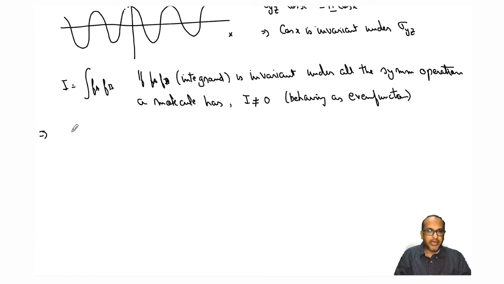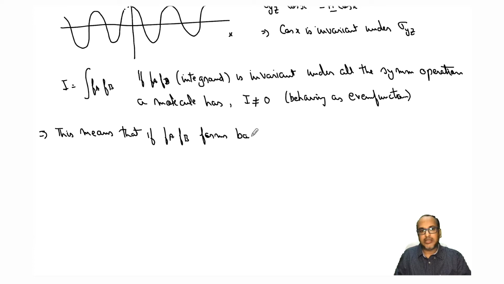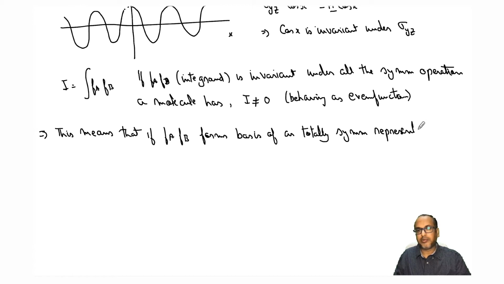So what does it imply? This means that if this product fA fB forms the basis of a totally symmetric representation, and we know what a totally symmetric representation is, it carries 1 under all the symmetry operations.